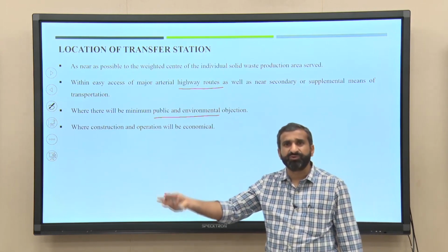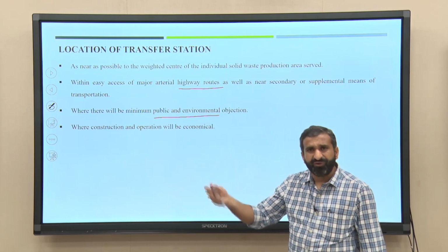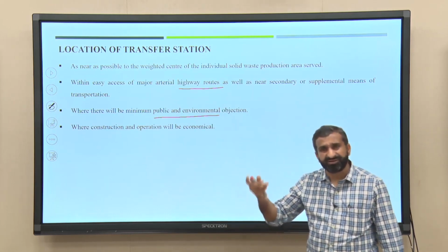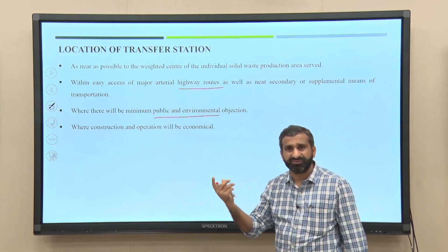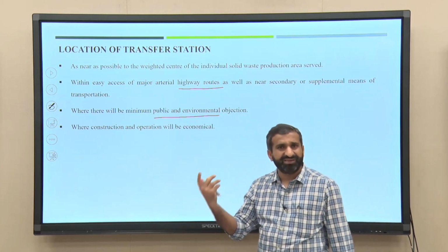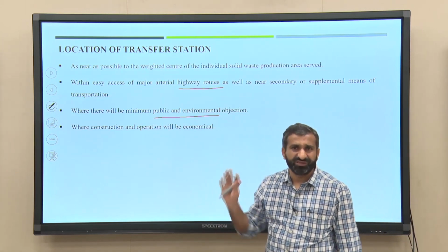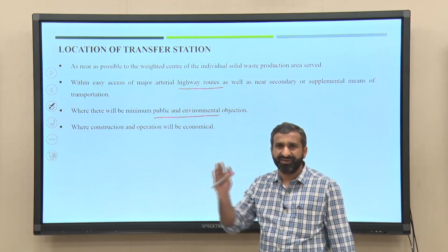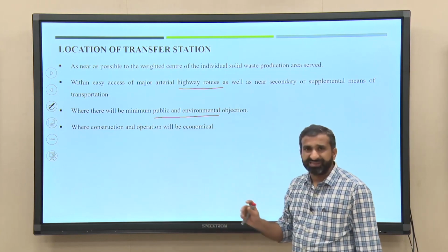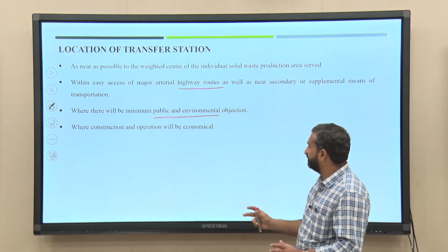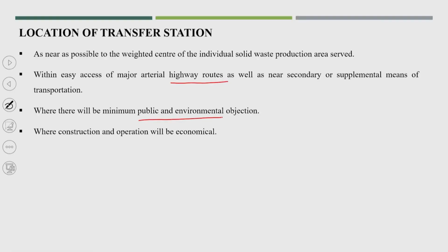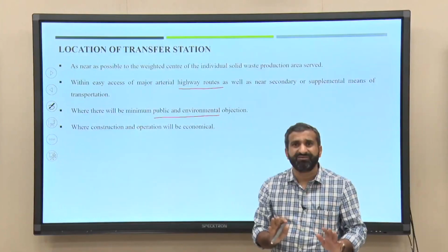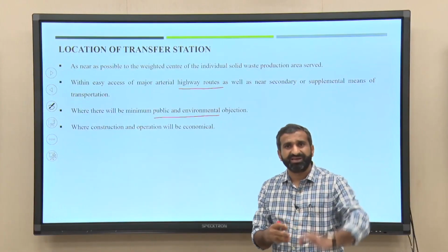That can be put into the storage pit, and whatever recycling or other operation we can plan there, after that the waste will also be hauled to the disposal facility in different vehicles. If you plan that, obviously the public objections will be very less, and especially the environmental objections, because nobody is directly touching the biological waste, as it is under the direct load.